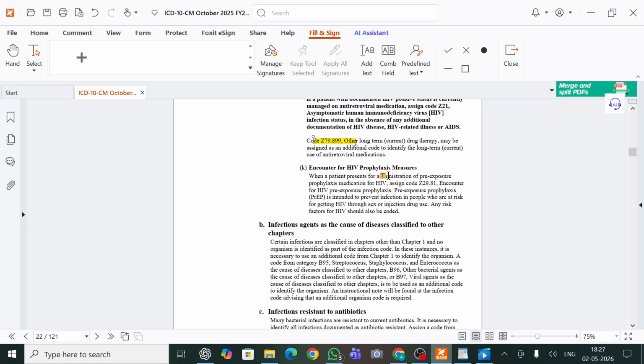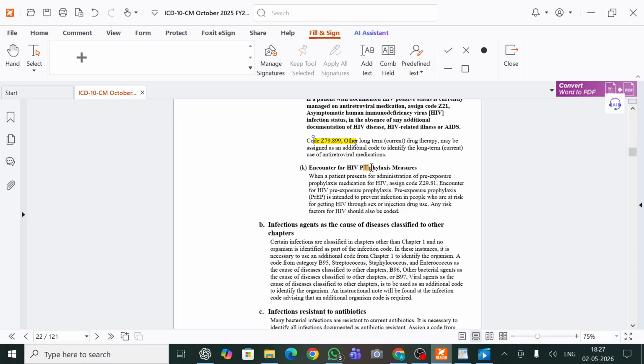The last condition is HIV prophylaxis measures. Prophylaxis means dummy medication. Sometimes the patient continuously says I am HIV positive, or I am suffering from HIV or AIDS, and at that time the doctor or provider gives dummy medication. So it's the prophylaxis condition. It's not a confirmed condition.